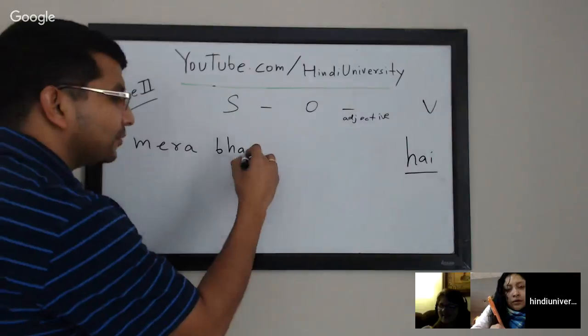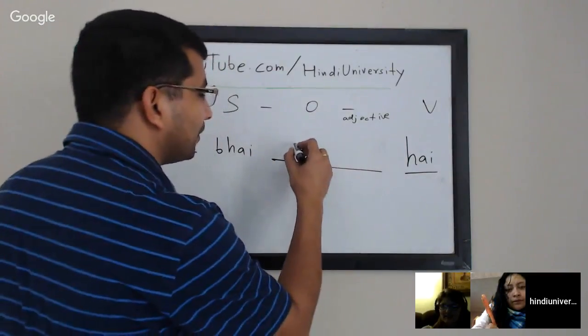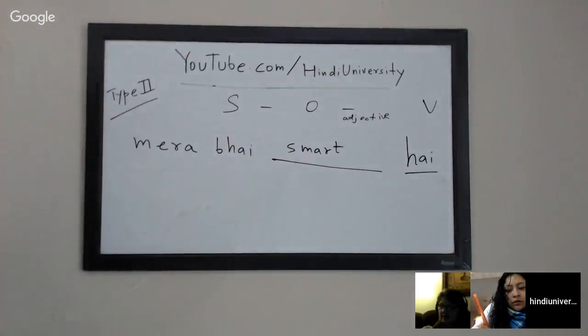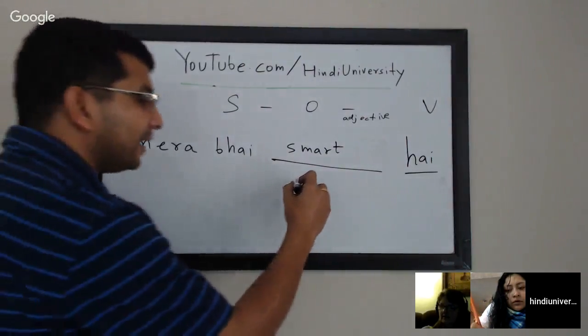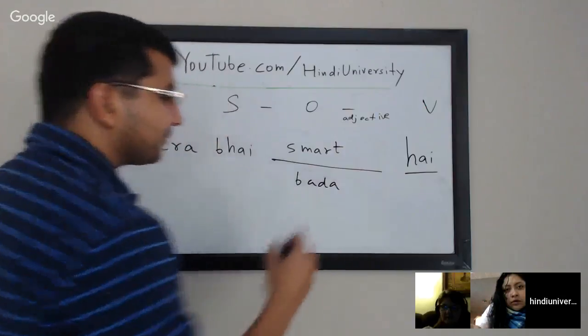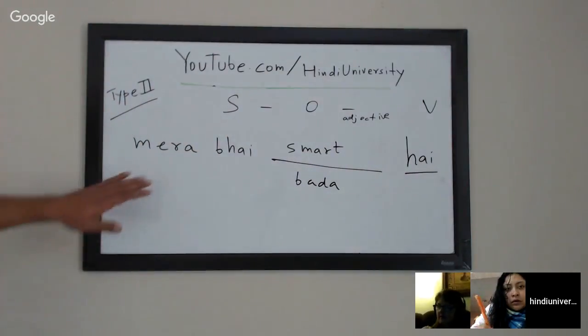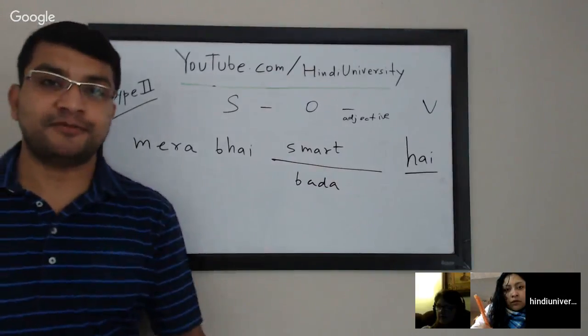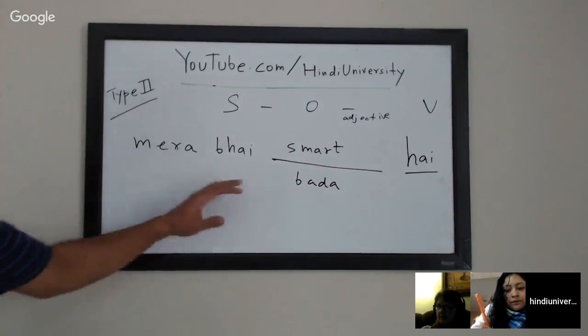You can say mera bhai smart hai, mera bhai intelligent hai, mera bhai bada hai, that means he is older brother. Okay, right? Simple. You don't have to memorize this part. It should really come seamlessly from you. मेरा भाई बड़ा है.